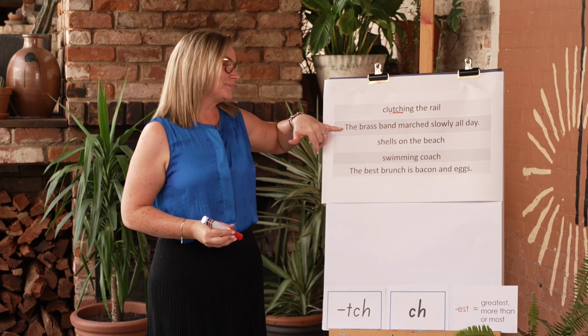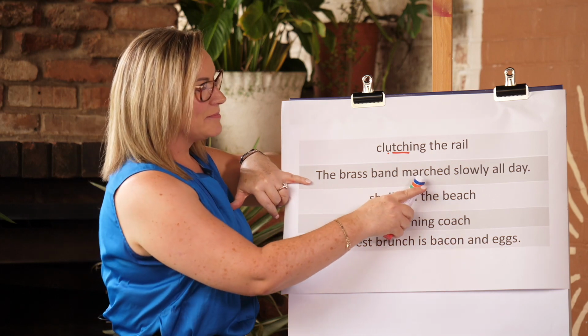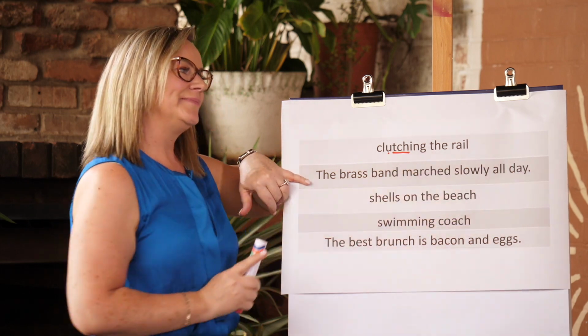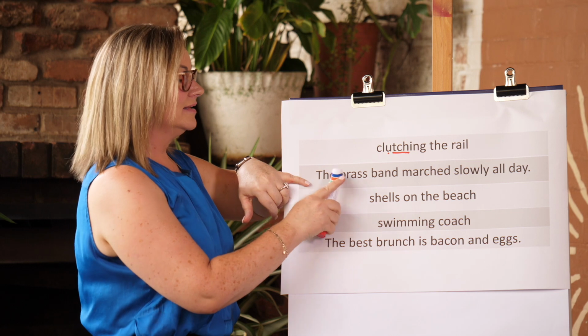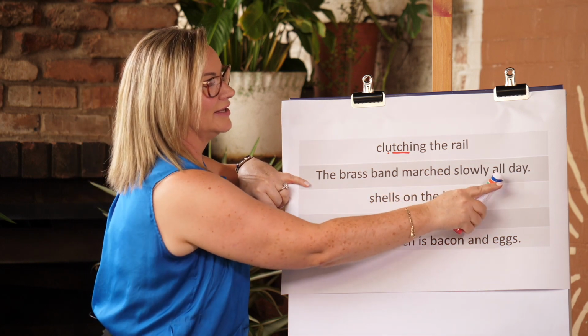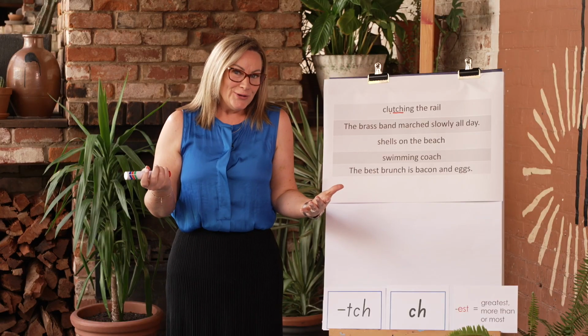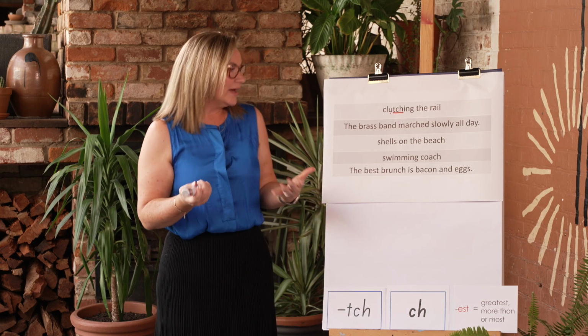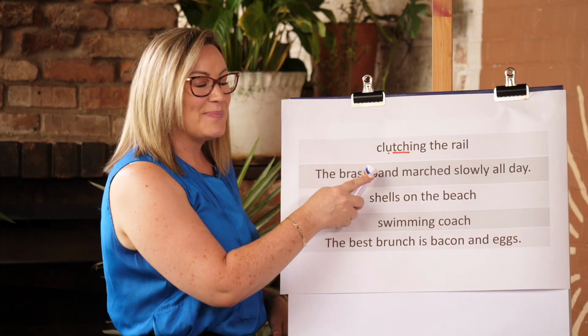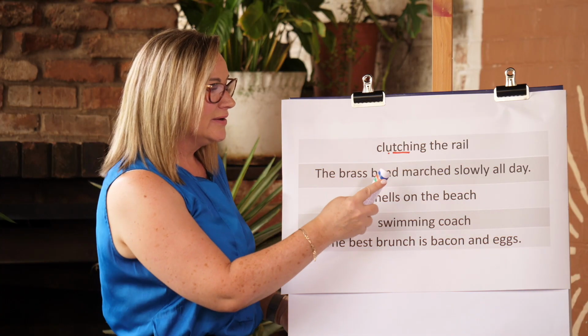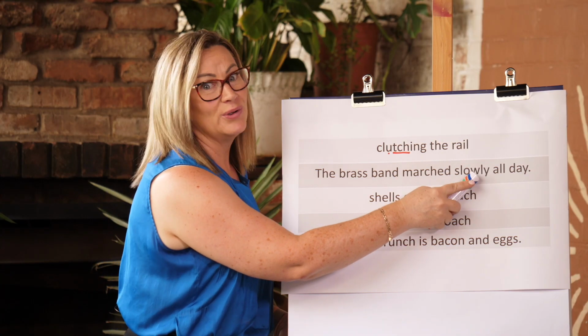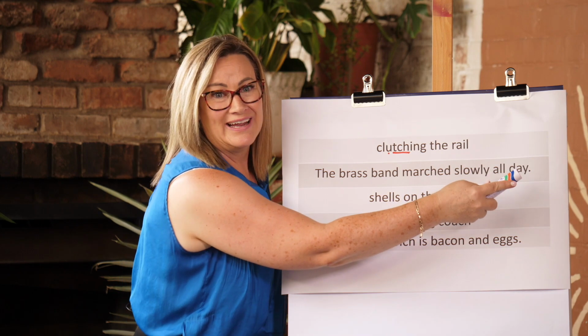Next one. The brass band marched slowly all day. Repeat. Okay. Who is doing what? Well, the brass band is. What are they doing? Well, they've marched slowly and all day.